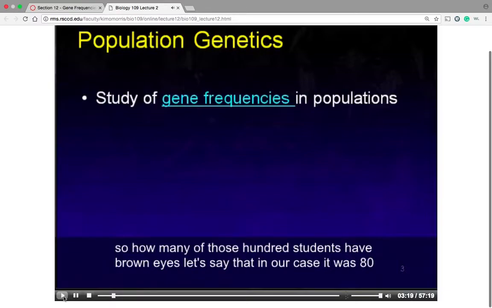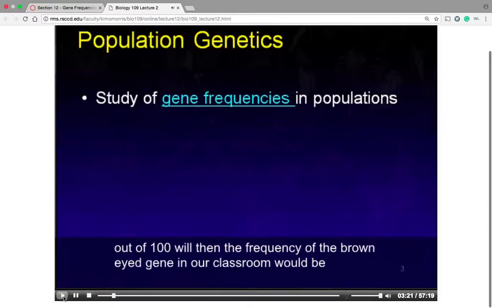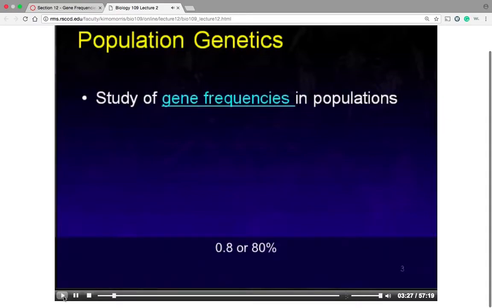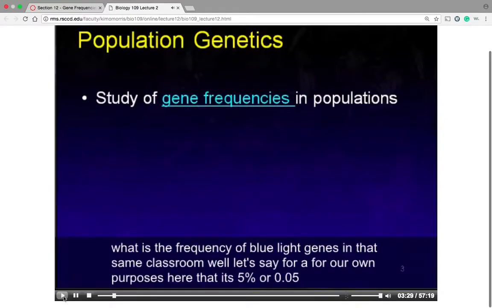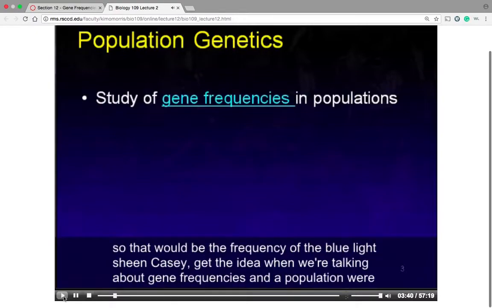Let's say that in our case it was 80 out of 100. Then the frequency of the brown eye gene in our classroom would be 0.8 or 80%. What is the frequency of blue-eyed genes in that same classroom? Let's say for our own purposes here that it's 5% or 0.05. So that would be the frequency of the blue-eyed gene. Okay, so you kind of get the idea.